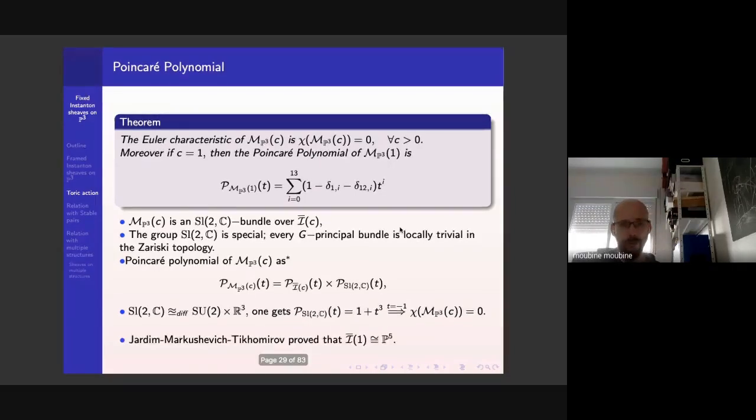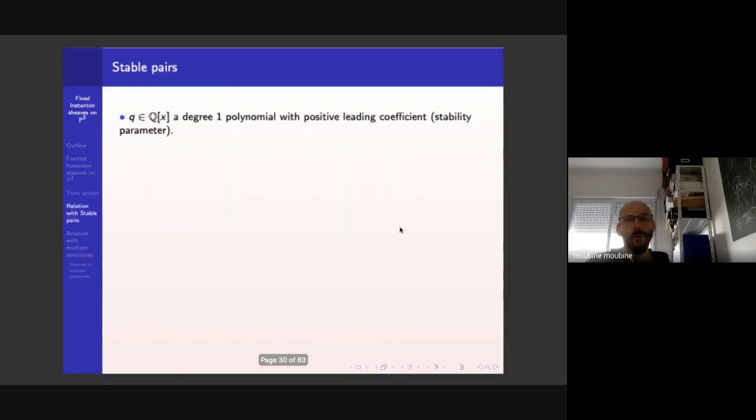Okay, so in the case of charge 1, we use the fact that the instanton moduli space is P5. This was proved by Jardim, Markushevich, and Tikhomirov.